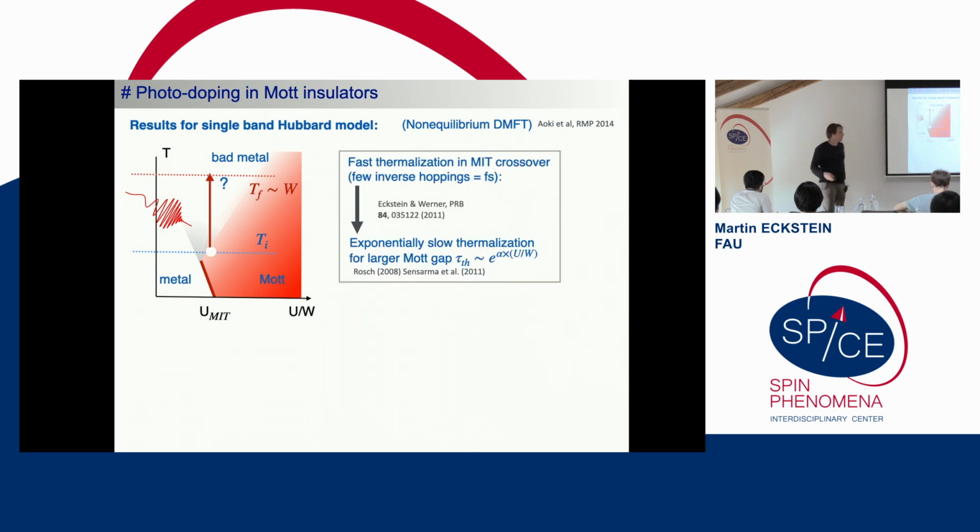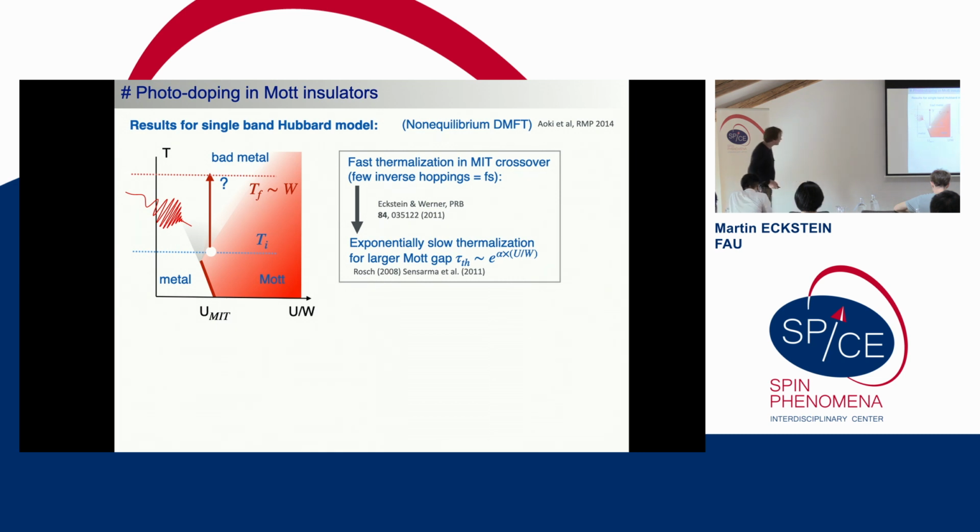And this is what has been done, and where you really find that indeed, if you are in this crossover regime, you have a thermalization on very fast time scales, so basically a few hopping times, which would correspond to a few femtoseconds, while as soon as you open the gap, indeed, there is this exponential bottleneck still present.